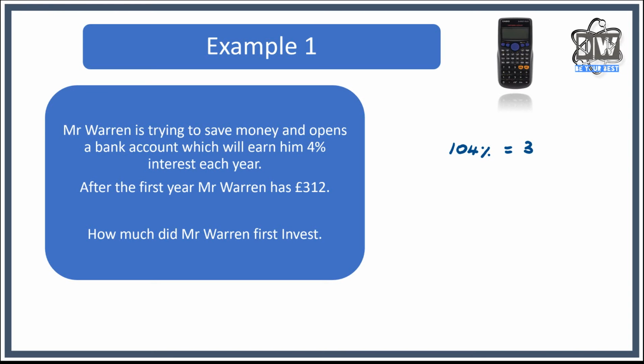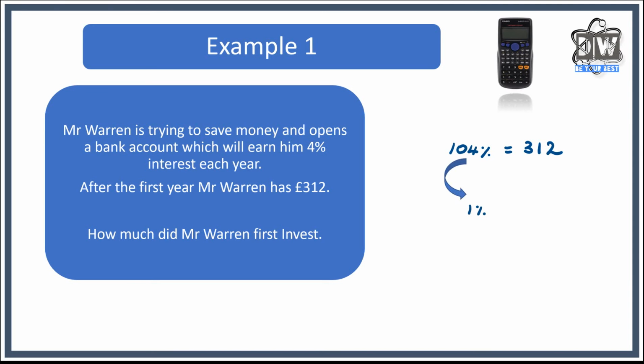That I had an original amount, let's say that is 100%, and I've added an additional 4% to my original amount. So now I've got £312, which is 104%. So what I'm trying to find is, how do I get to 1%? Hopefully you know how to do this.